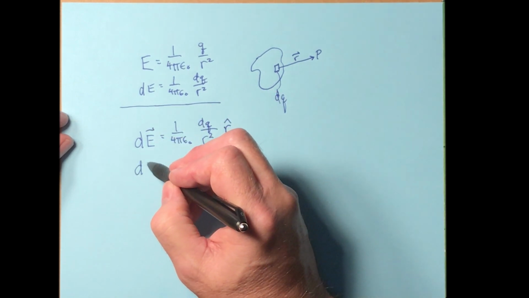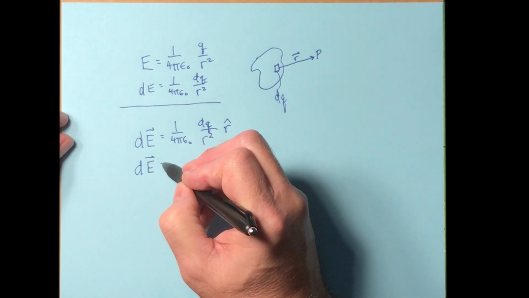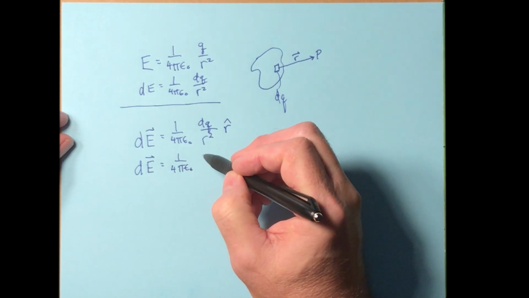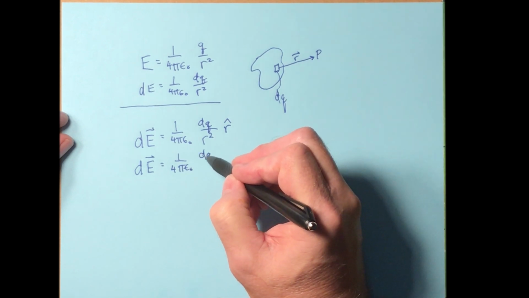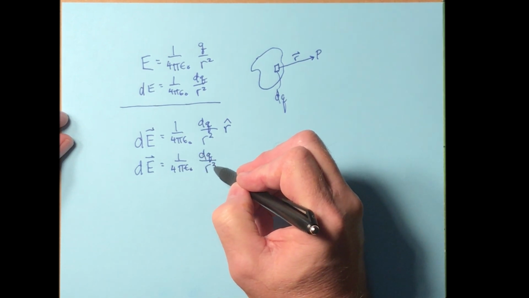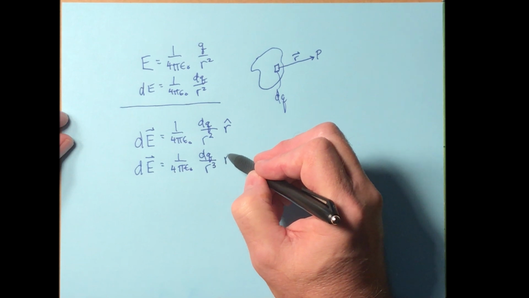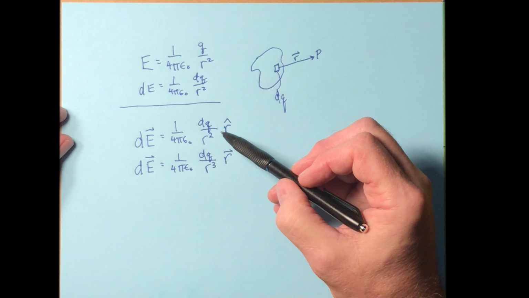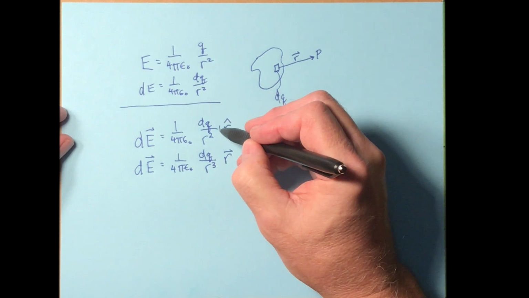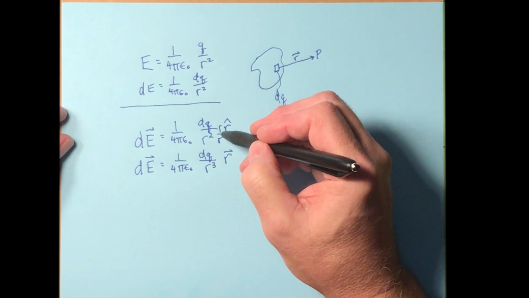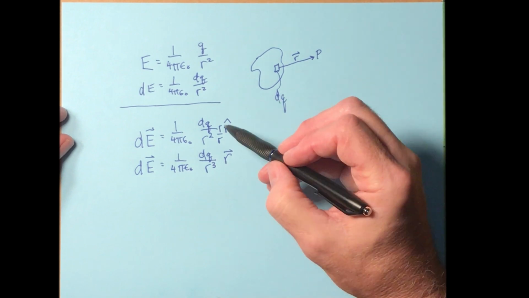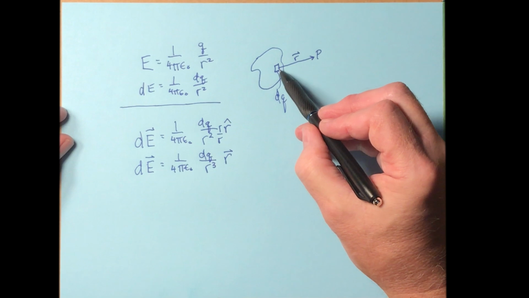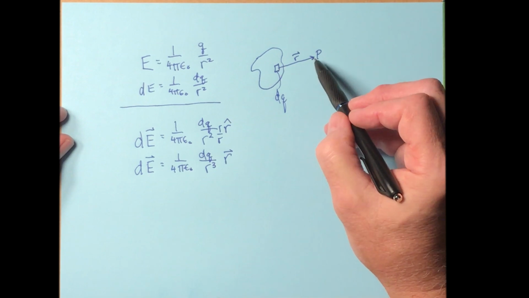If we change it up a little bit, we could also write the vector equation this way. 1 over 4 pi epsilon naught dq over r cubed multiplied by vector r. So we just changed this. We multiplied by r over r, and r is the magnitude of this vector here. In other words, it's the distance away from that dq to that point.